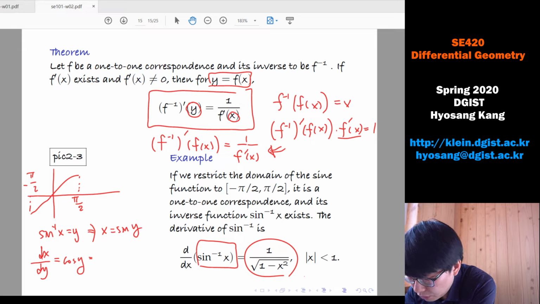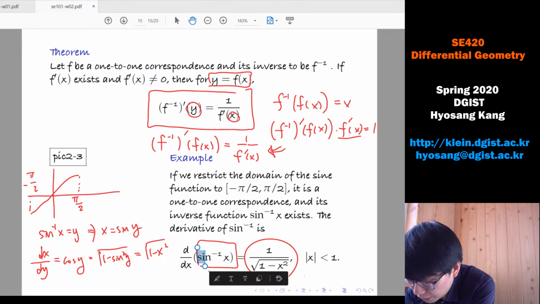And then cosine y can be expressed as the square root of 1 minus sine squared y, and this equals the square root of 1 minus x squared. Usually we need to take a plus or minus sign here, but we only have a plus sign because cosine y is always positive, since we restrict our domain to minus pi over 2 to pi over 2.